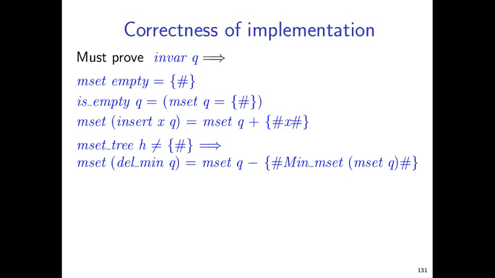Of course we could totalize this function by just querying is empty and then returning the identity, so returning the same queue, but I intentionally put this precondition here such that some potential user of this interface realizes, well, perhaps it makes no sense to delete the minimum of an empty queue.